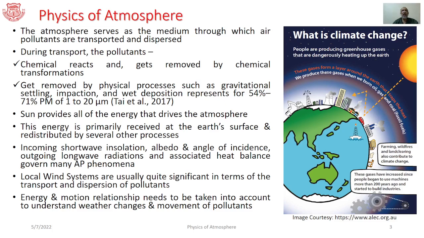As they move along, due to their chemical properties, they will be interacting, reacting with the other pollutants that are present in the atmosphere, and accordingly they may get transformed so that they will be getting removed out of the process.